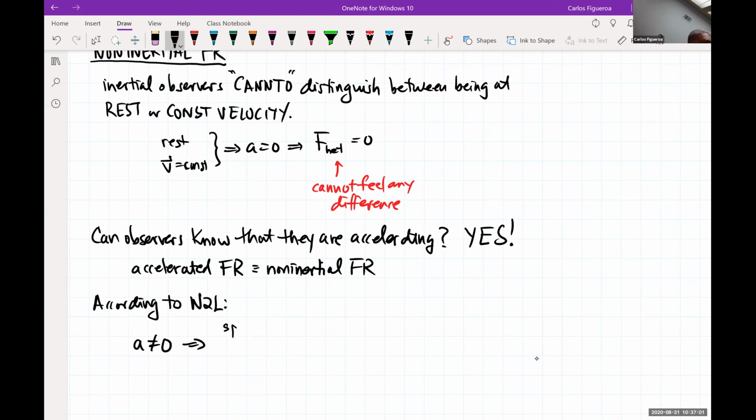You have to be speeding up, slowing down, or turning. If you're doing that, then Newton's second law says that there has to be a net force acting on you.